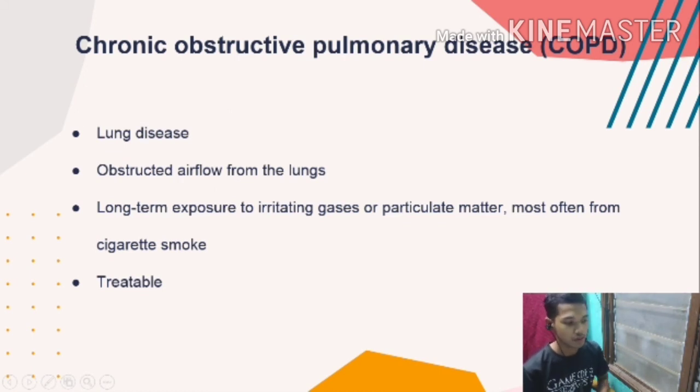It's typically caused by long-term exposure to irritating gas or particulate matter, most often from cigarette smoke. People with COPD are at increased risk of developing heart disease, lung cancer, and a variety of other conditions. Although COPD is a progressive disease that gets worse over time, COPD is treatable.